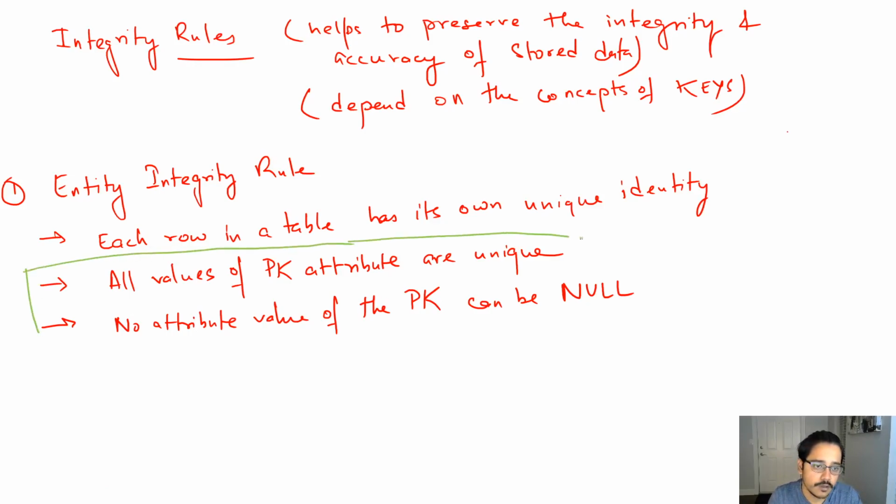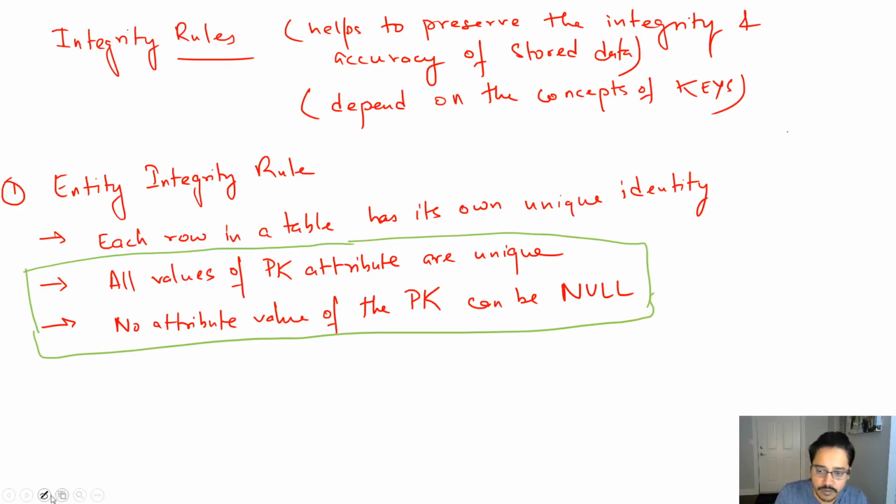You have to make sure that there are no duplicate values in the attribute that you select as a primary key, and none of them can be empty.